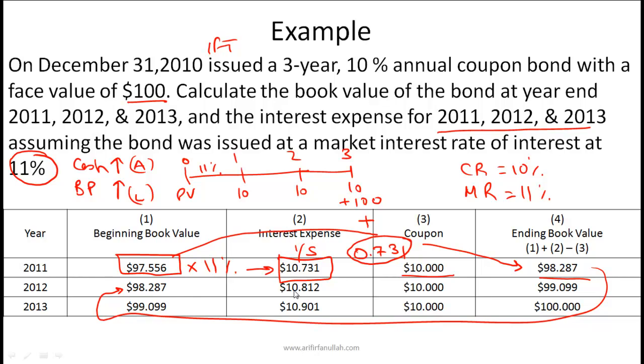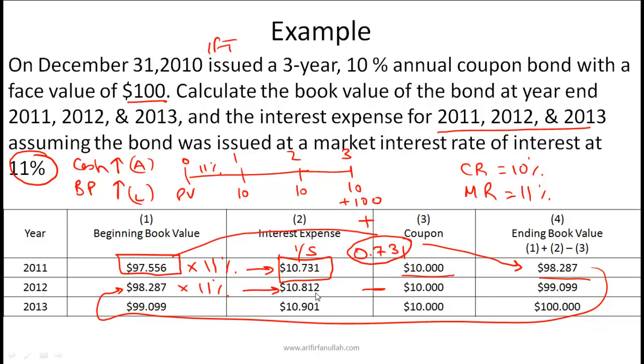Interest expense in year 2 would be 98.287 multiplied by 11%, which gives us 10.812. The coupon payment again is 10, and the ending book value is based on the difference between 10.812 and 10. So the difference is 0.812.